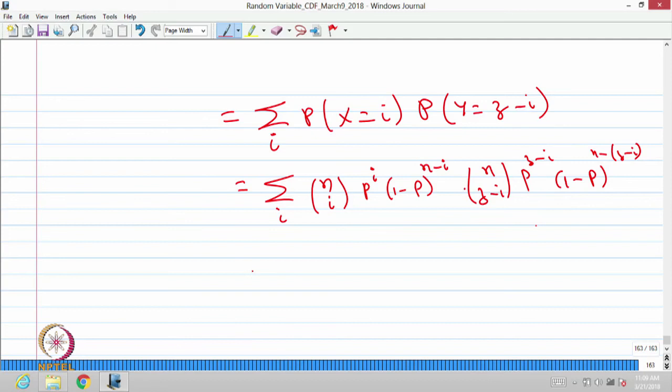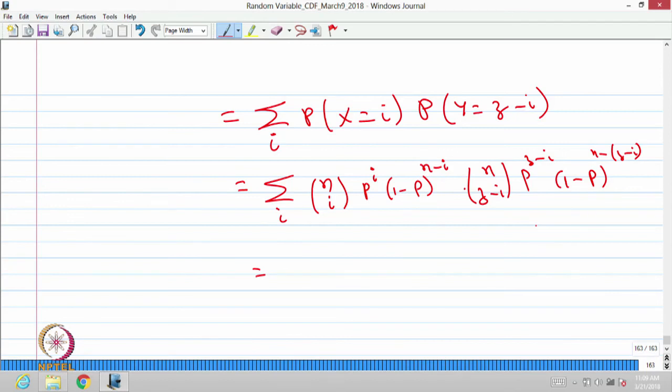You can go for simplification. This is p power i, this is p power z minus i. You can take the p power z outside. Similarly, n minus z plus i, and this is 1 minus p power n minus i.